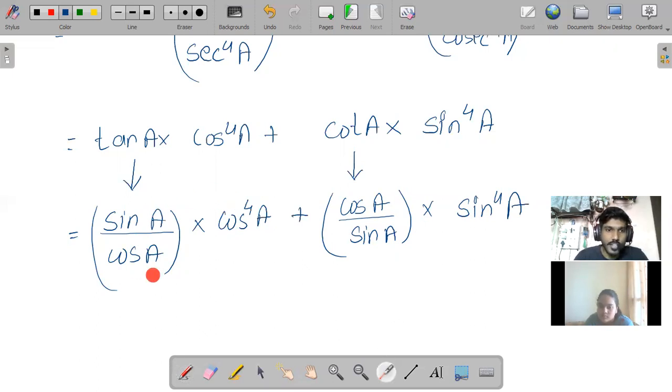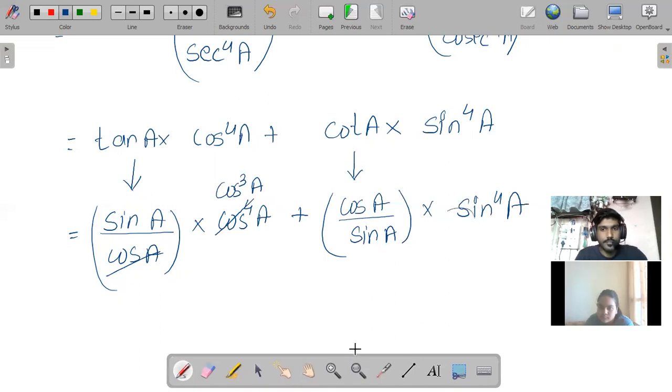Okay. Now in this side, what is getting cancelled? Can you see something getting cancelled off? Cos. Yes. So from here, this cos went away, and from here one cos will go away, and you'll have cos cube A, cos raised to 3A. And here, what will get cancelled? Sin.